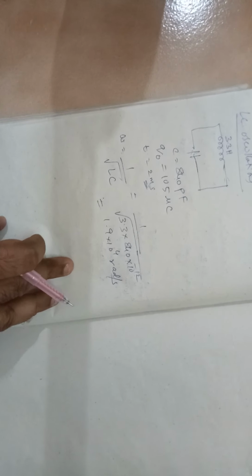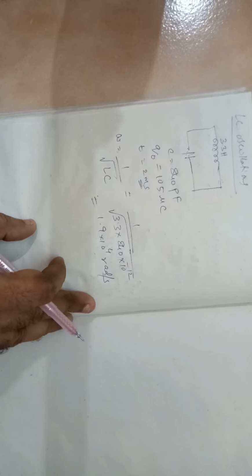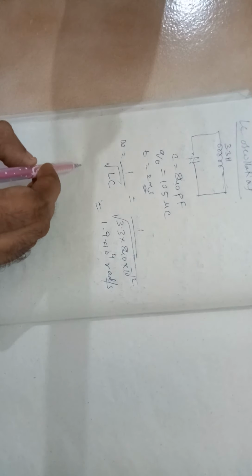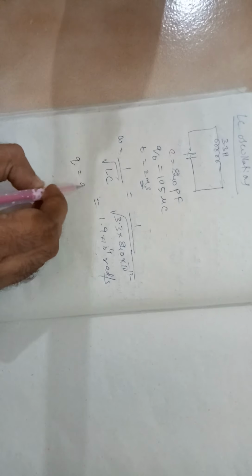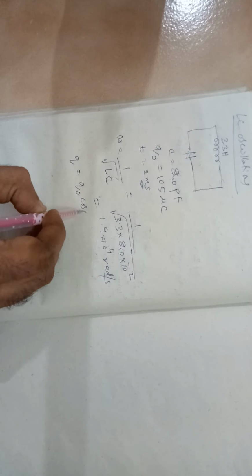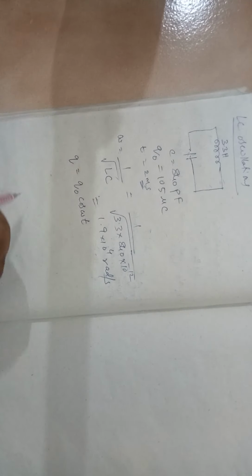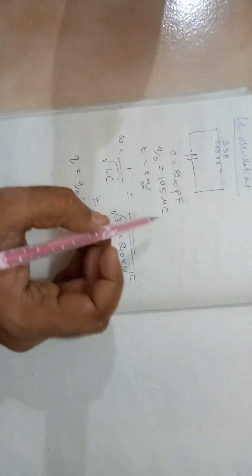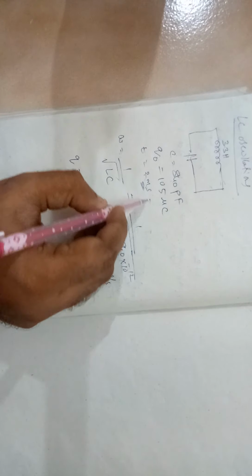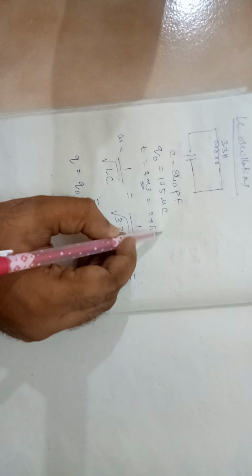Okay, so that day we derived an expression for charge Q. It's a function of time. If you remember, Q is equal to Q0 into cos omega t. And t is given as 2 milliseconds. So at 2 milliseconds, what will be the charge?